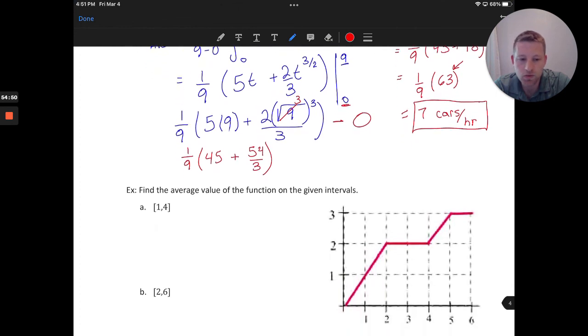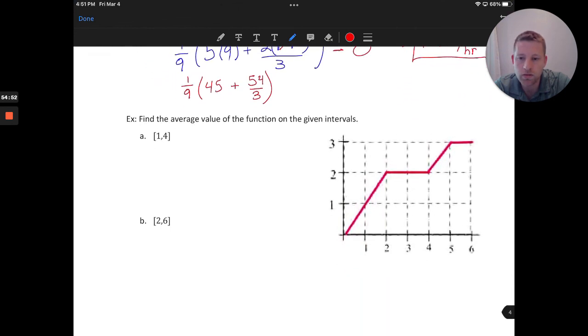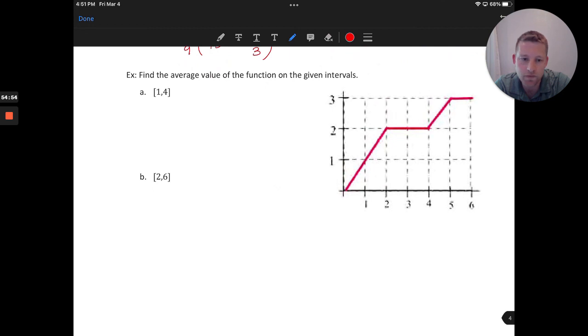The last thing we'll do is just to consider how this would apply to a graph of a function. If we wanted to find the average value of the function over a given interval just using graph properties, let's go ahead and consider the average value for the interval 1 to 4 on our function.